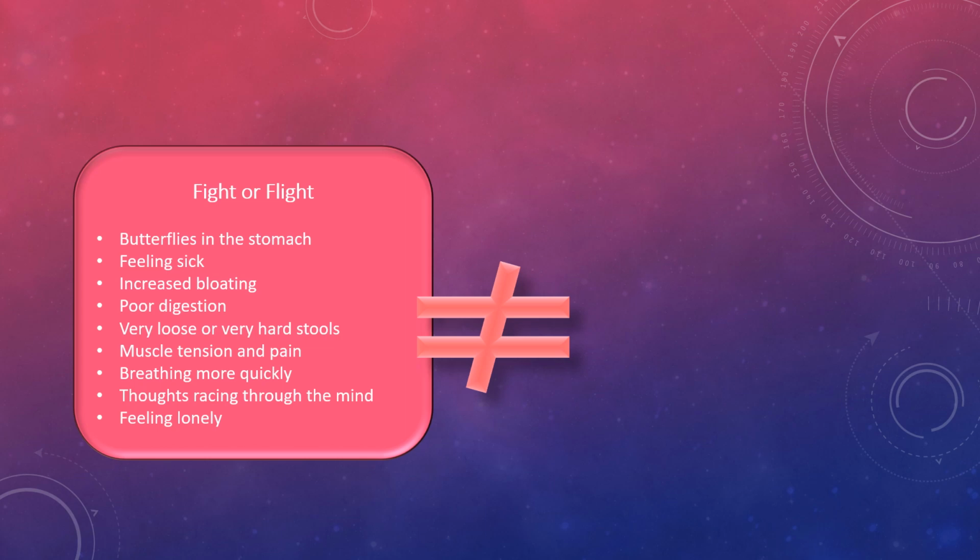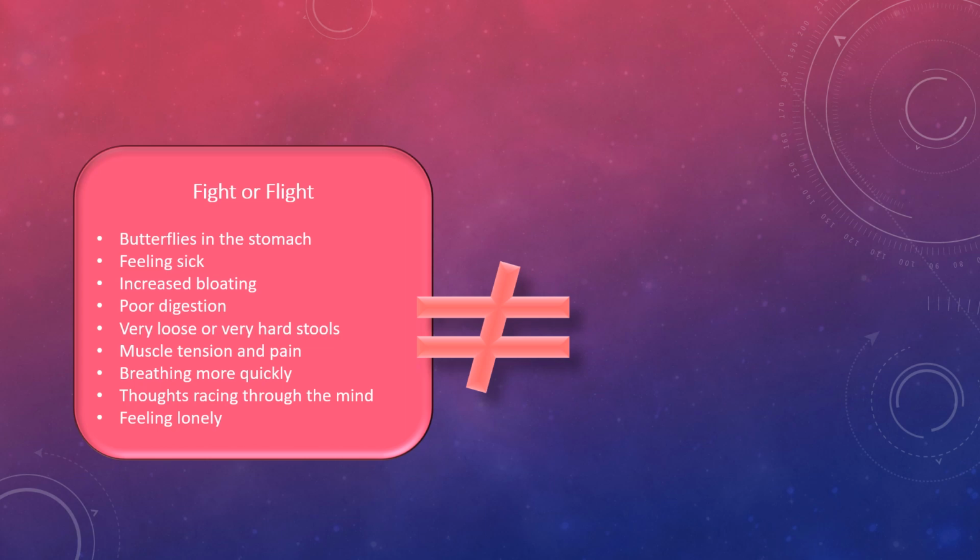In addition, the kidney, large intestine, and bladder slow down. This can cause an intense need to go to the toilet. It also dampens our immune system, which impairs the body's ability to heal itself and prevents the release of natural painkillers.